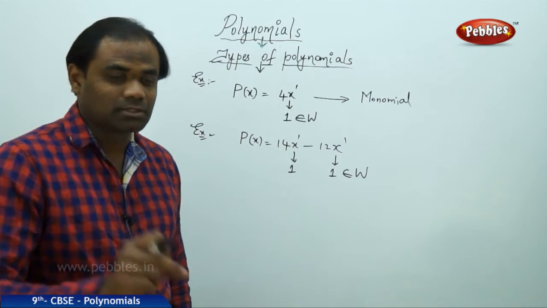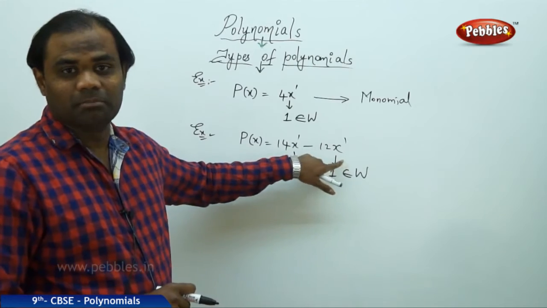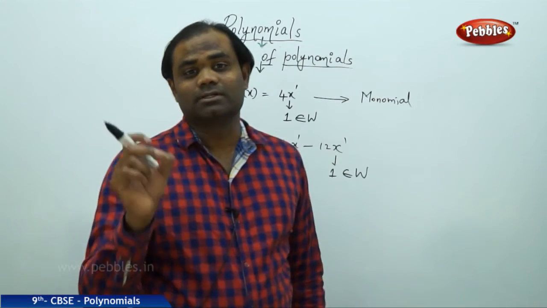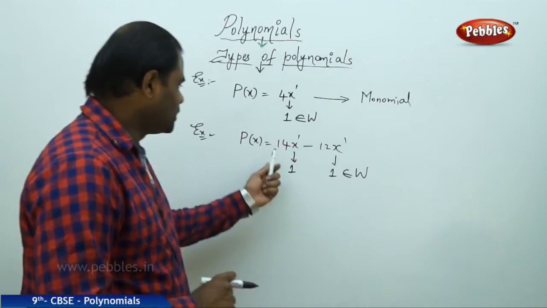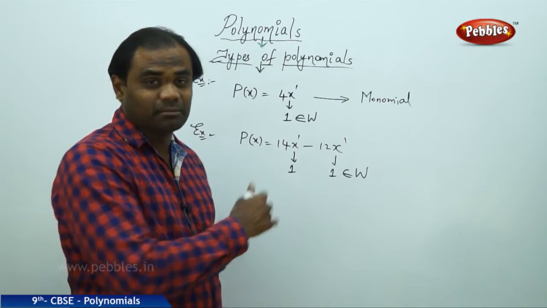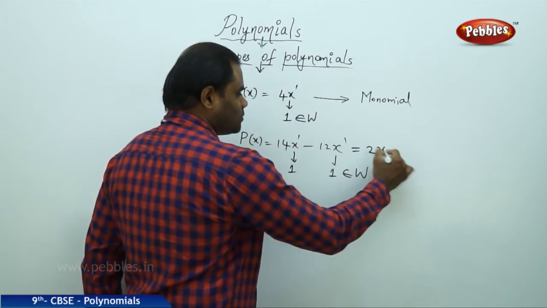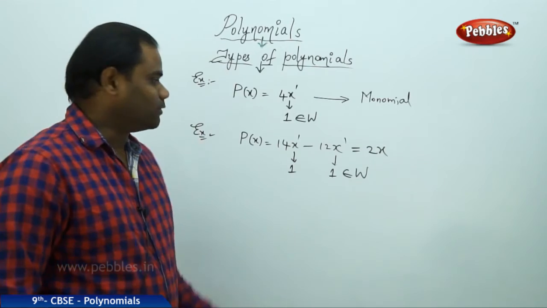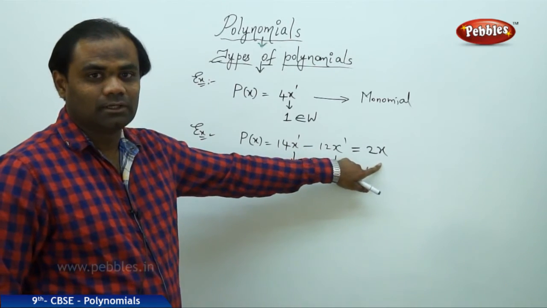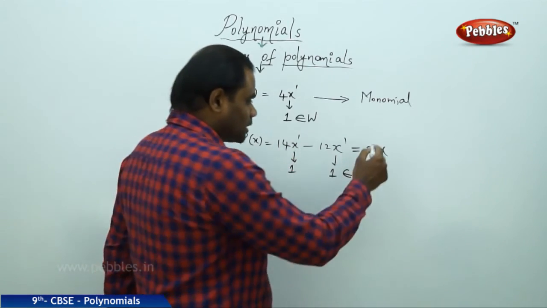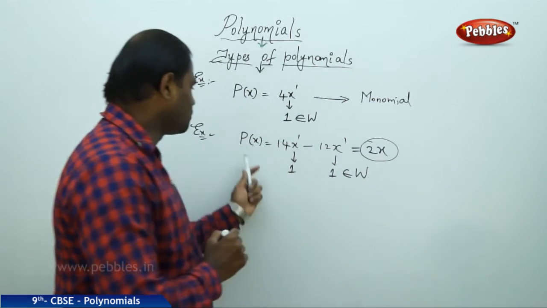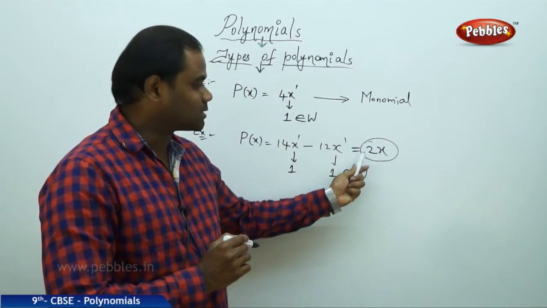But this is not a polynomial of two terms because this can be further simplified. Like 14x minus 12x, which can be further simplified to get 2x. So we need to simplify this further to get the most simplified form, and the most simplified form of the given problem 14x minus 12x is 2x.